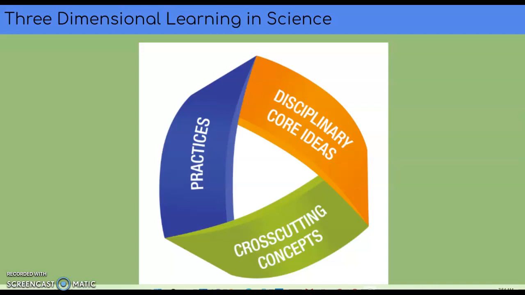Three-dimensional learning is a continuous interweaving of three elements that develops simultaneously over time: scientific and engineering core ideas, practices, and cross-cutting concepts. As such, none of the dimensions work in isolation. They must be leveraged in concert for the purpose of constructing knowledge in the science classroom.